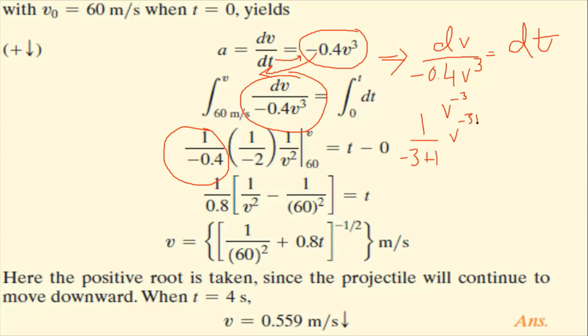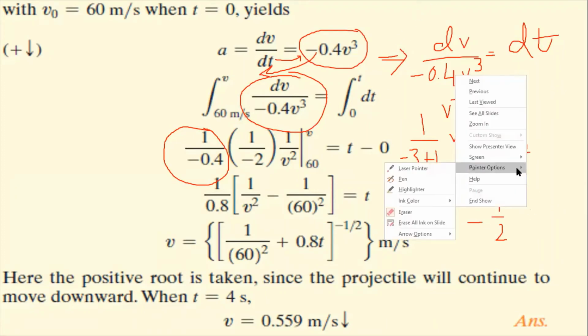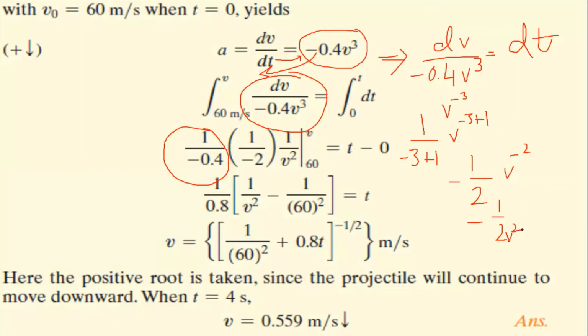We add 1 for integration. So it will become minus 1 upon 2 v to the power minus 2, which is downward, so it will become minus 1 upon 2 v squared. You can see over here how it comes: minus 1 upon 2, then 1 upon v squared.